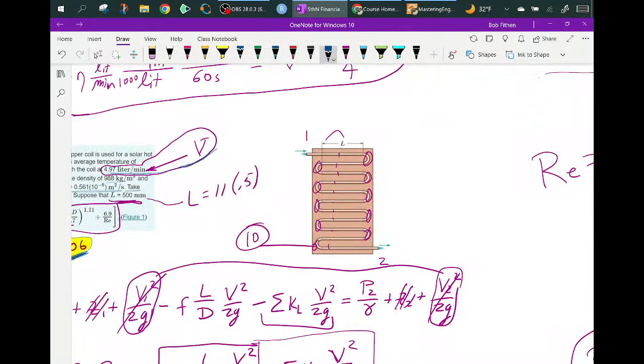There were 11 tubes and 1, 2, 3, 4, 5, 6, 7, 8, 9, 10 elbows.